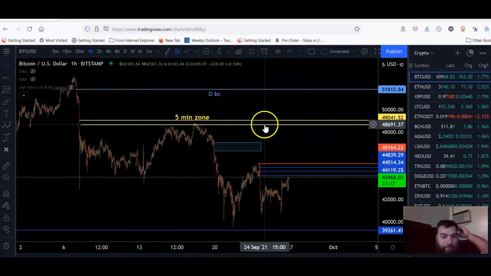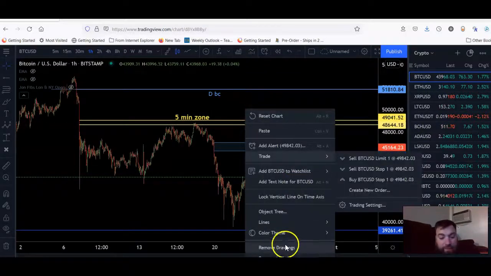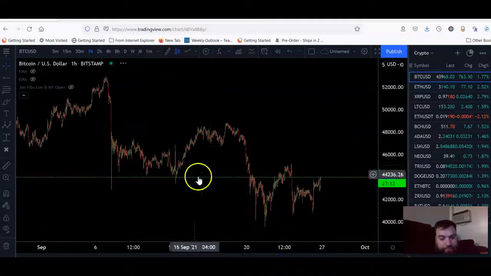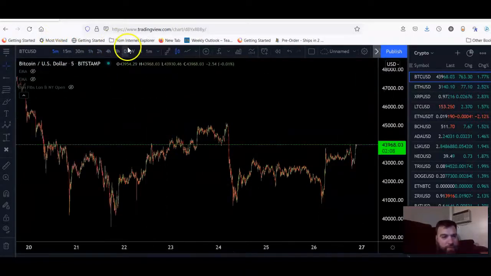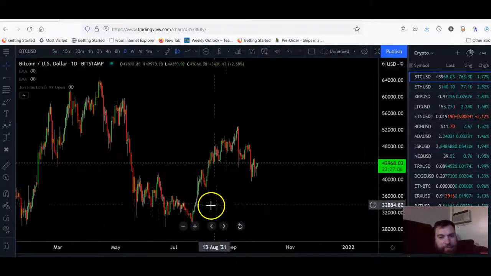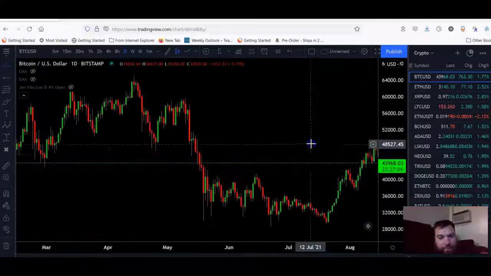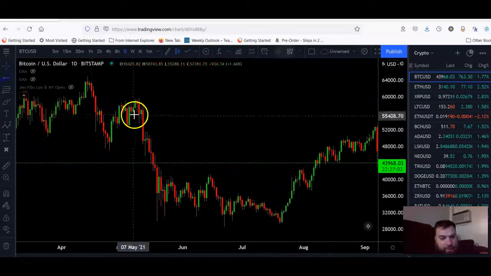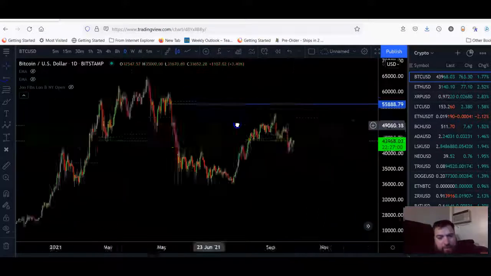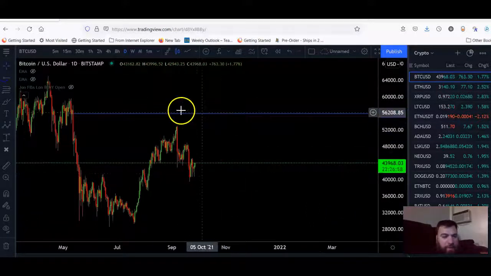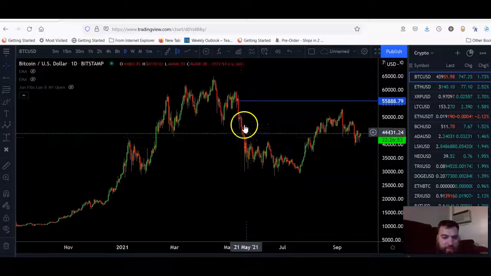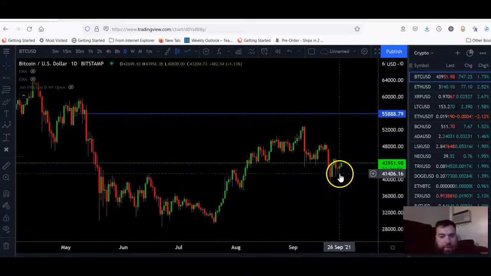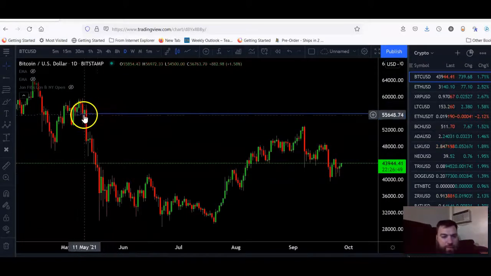Okay. So last week was amazing. Let's go on the daily. Okay. So you have this daily candlestick right here. Price did not reach this daily count. You get this fast move down. The price did not reach here yet.